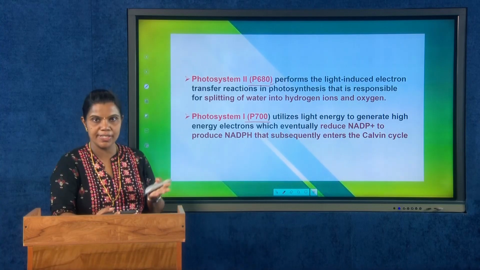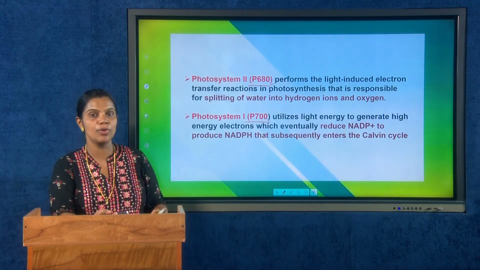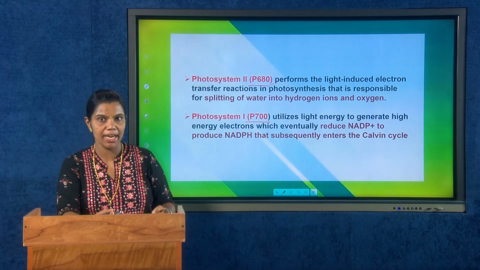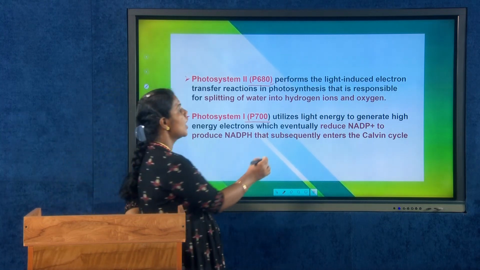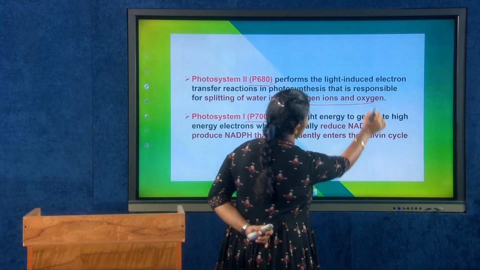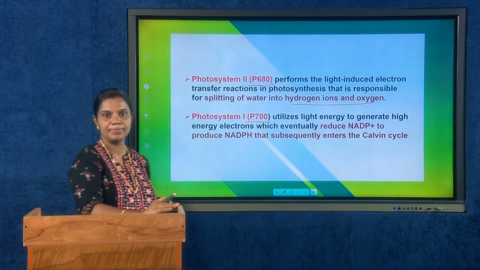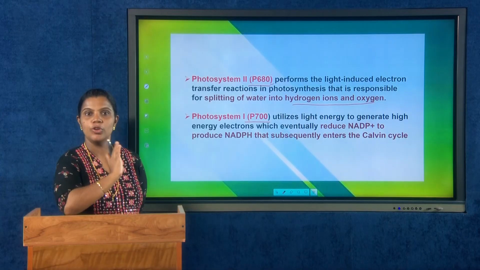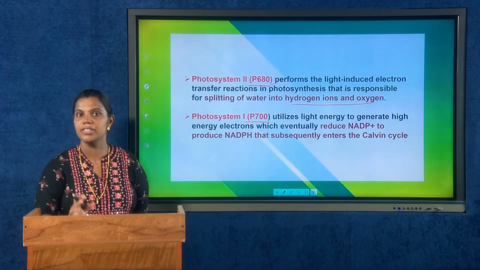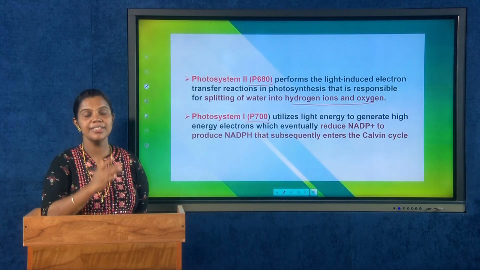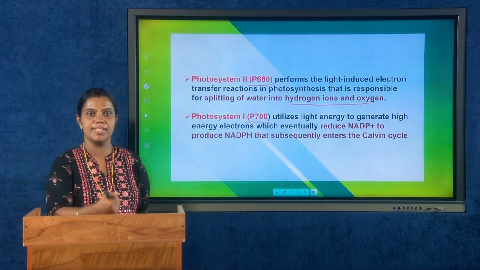So, photosystem 2, that is P680, performs the light induced electron transfer reaction in photosynthesis that is responsible for water splitting into hydrogen ions and oxygen.